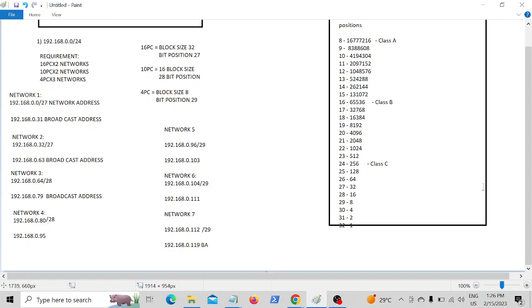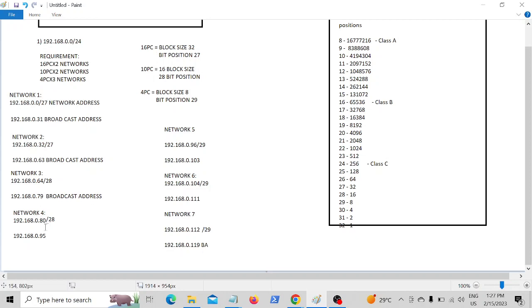So for network 3, the broadcast address will be 192.168.0.79. That will be the broadcast address.